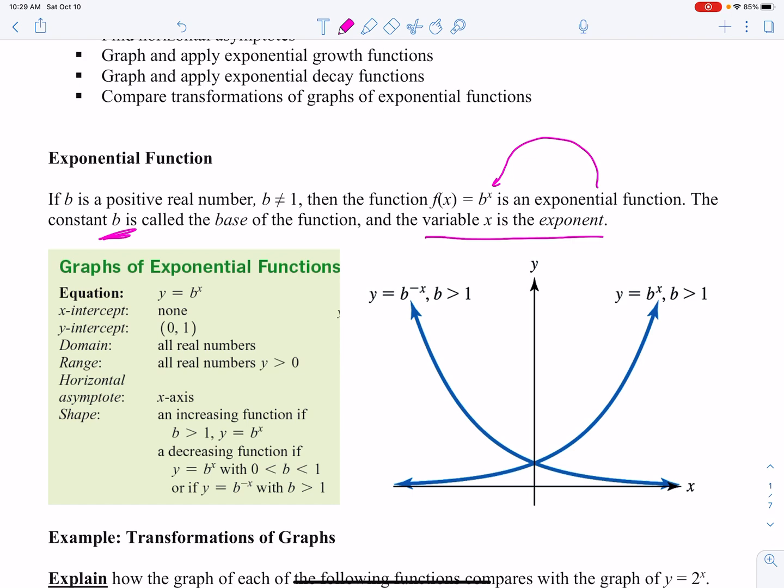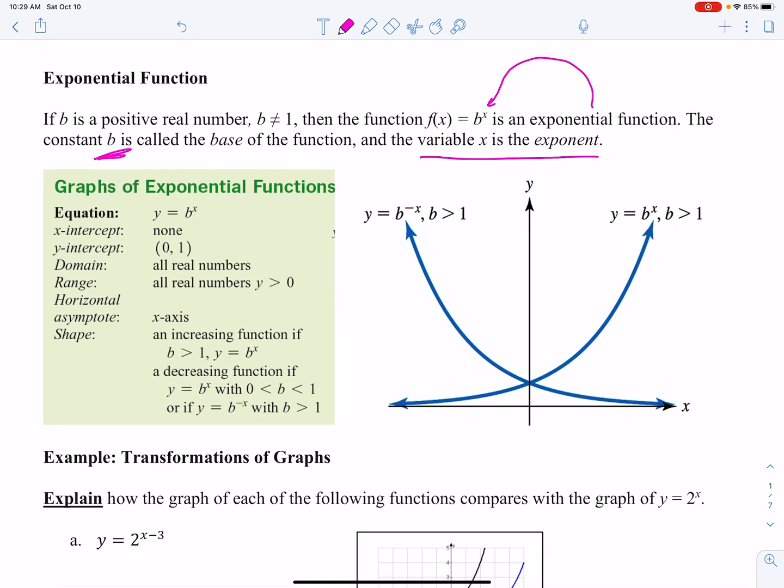So, graphs of exponential functions. You don't have to memorize this, just be familiar with it, especially if you're moving on to pre-calculus or calculus after this. The graph of an exponential does not intercept the x-axis, so the x-axis is an asymptote. It's going to get closer and closer, but it's never going to reach the x-axis. The y-intercept is (0, 1).